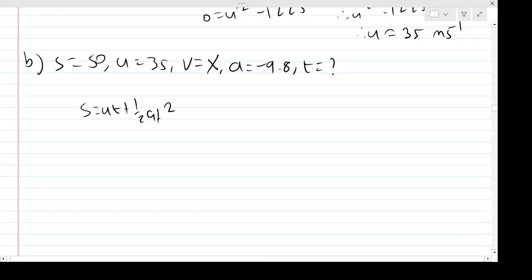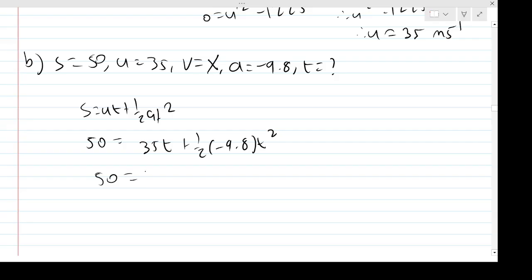So 50 for s has to equal 35 lots of t, add a half lots of minus 9.8 lots of t squared. If I simplify, I get 50 is 35t minus 4.9t squared.